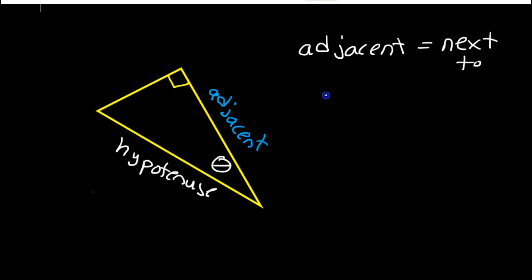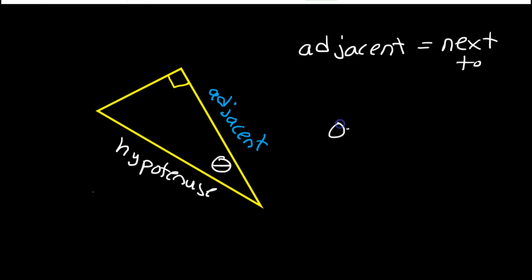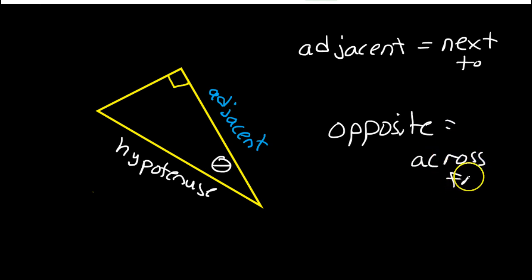And then when we talk about the opposite leg, opposite means across from. So the leg that is opposite angle theta, in other words, the leg that is across from angle theta, is this one.